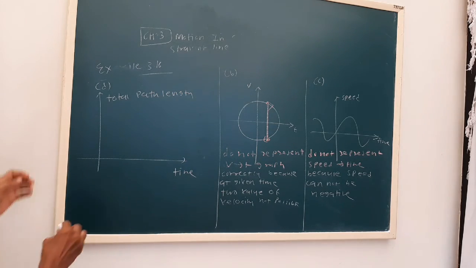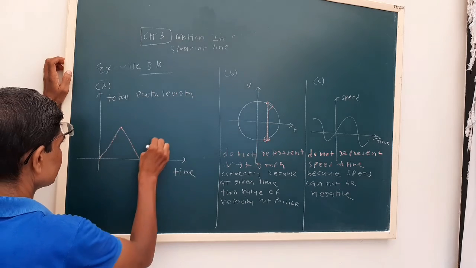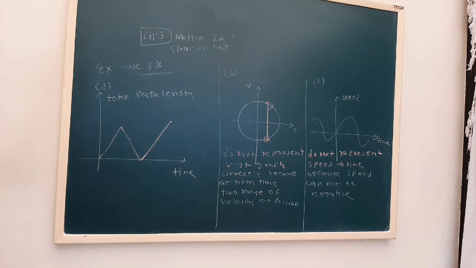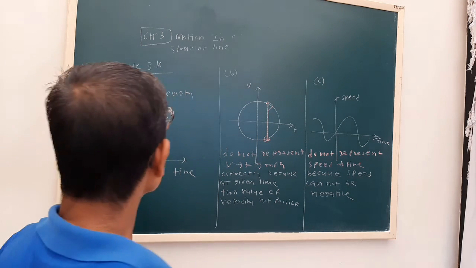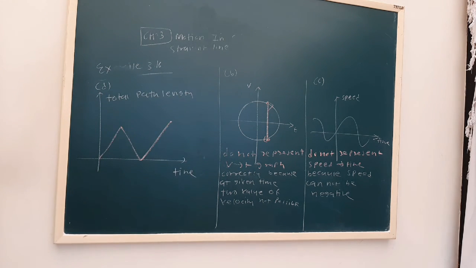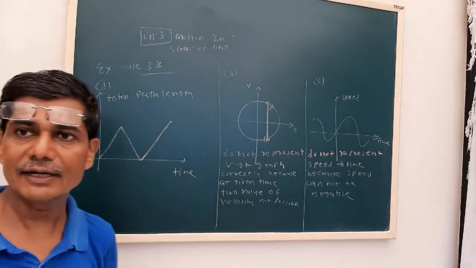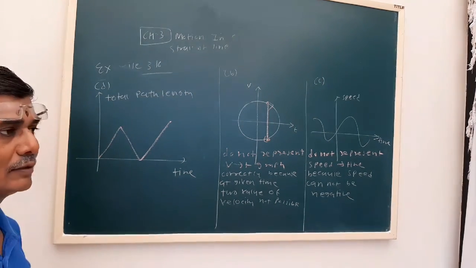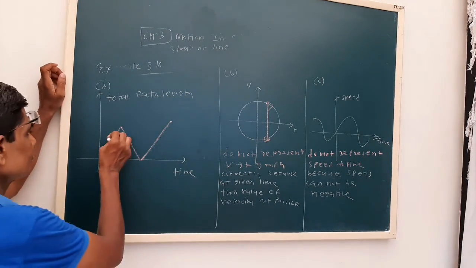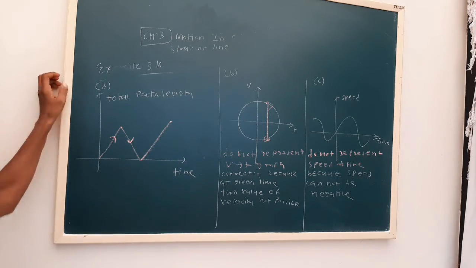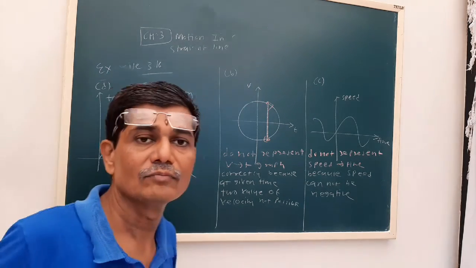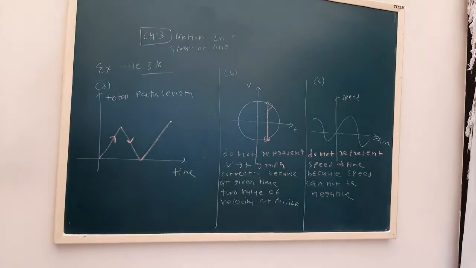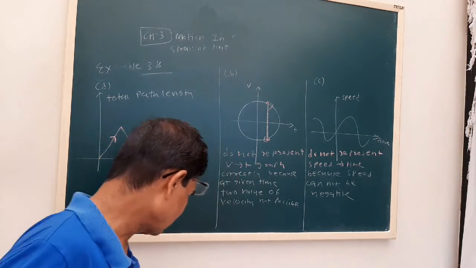Now see the graph is like this. But we have discussed earlier, this graph also does not represent one dimension motion. Why? Because see the total path length once increased cannot decrease. So that's why this graph also does not represent possibly one dimension motion.